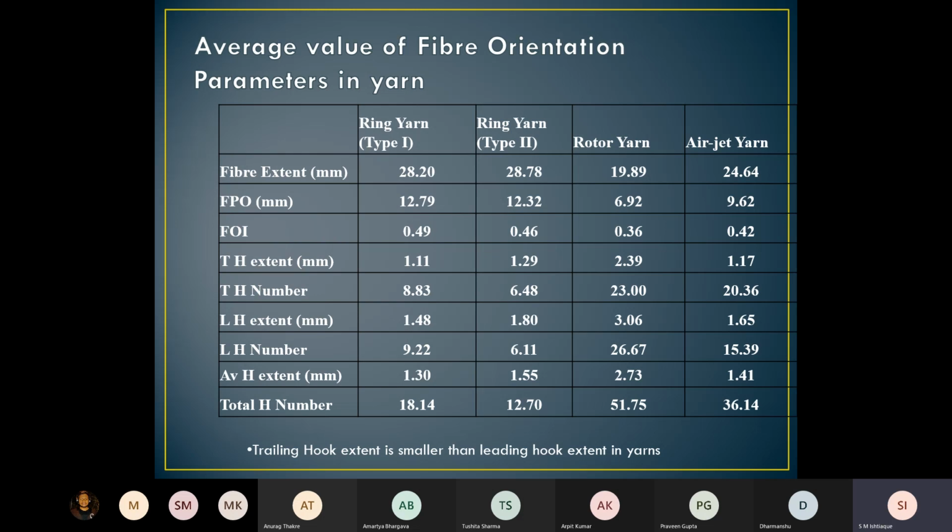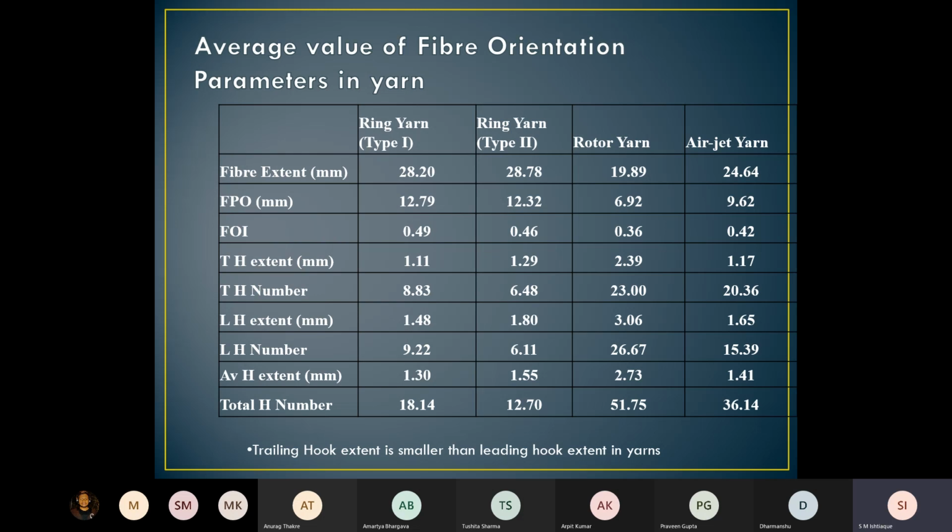So the majority of fibers are in the core, normally 70%, and 30% is surface fiber. This may vary, but normally this is the ratio kept between core and surface. So 70% of the fibers are not, or less, twisted, so they are more straight and parallel, and that is the reason air jet yarn is likely to give more fiber extent.